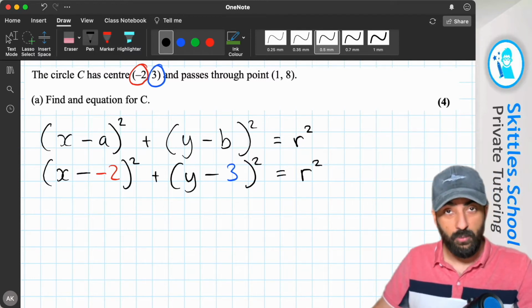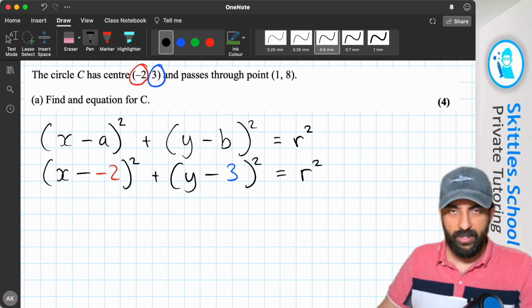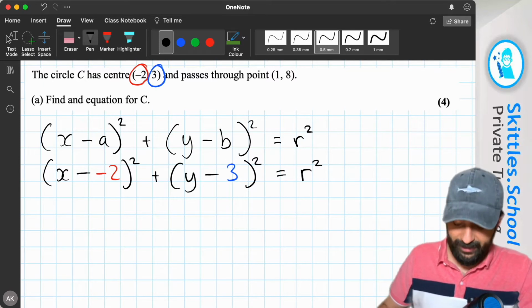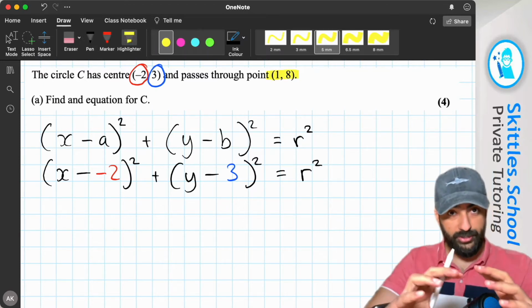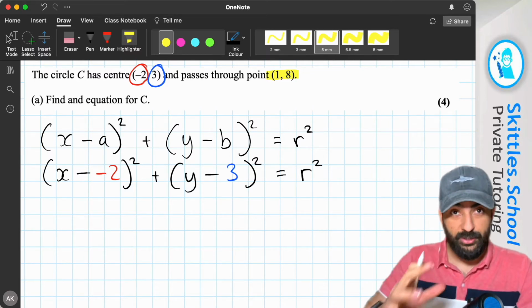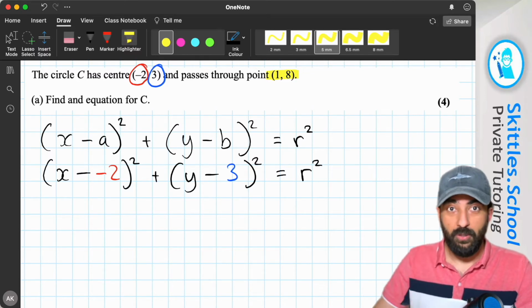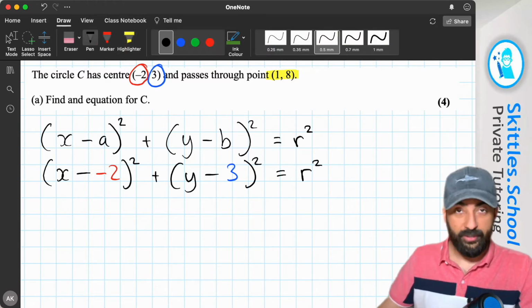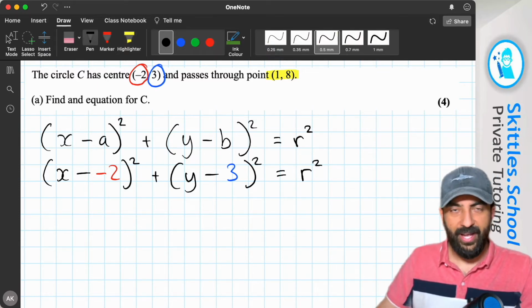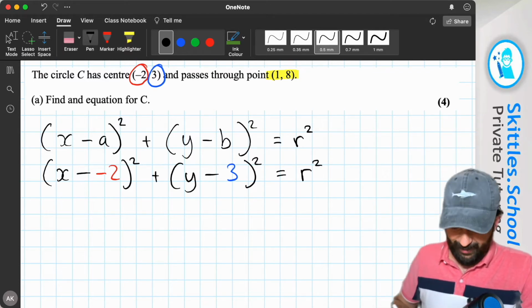Now we still have to work out that radius squared. The way we're going to do that is we know that the point 1, 8 is on the circle. So we can substitute that into the equation to work out the r squared. So 1 and 8, 1 is x and 8 is y. Let's substitute them in.